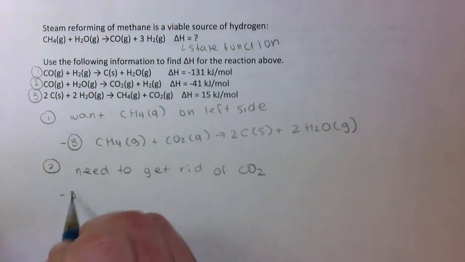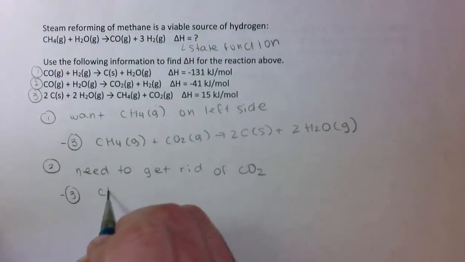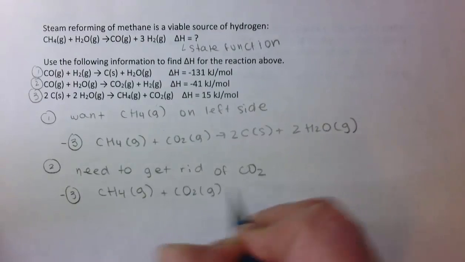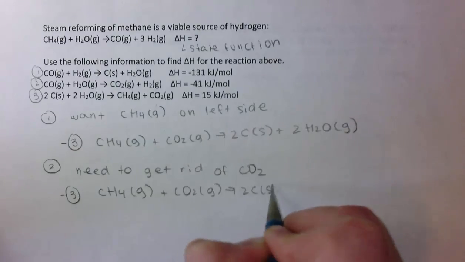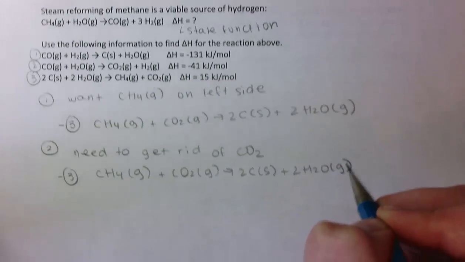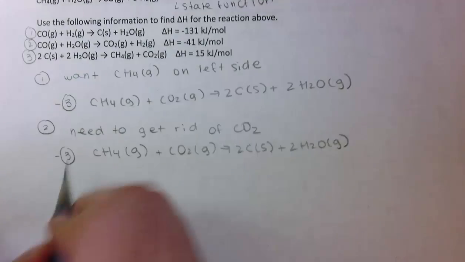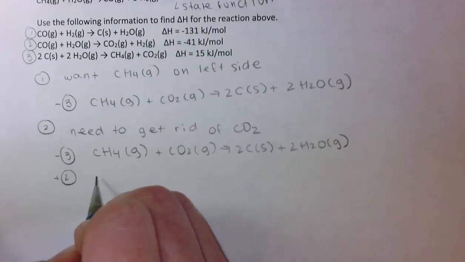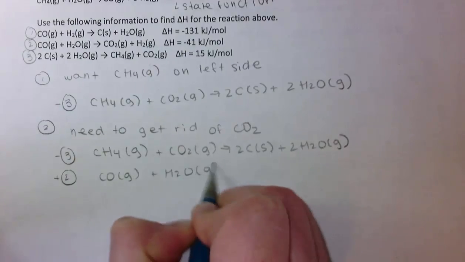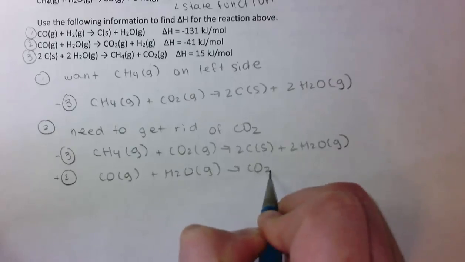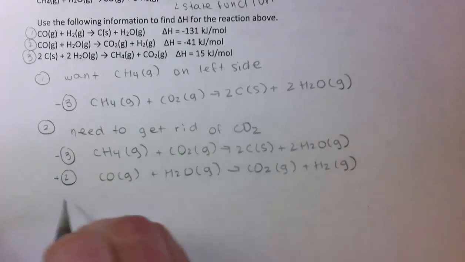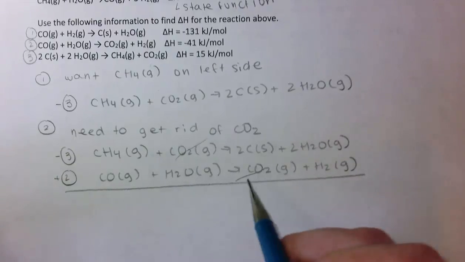So what we're going to do is take this equation we derived above, and we're going to add sub-equation 2. And we can see that our carbon dioxides cancel.